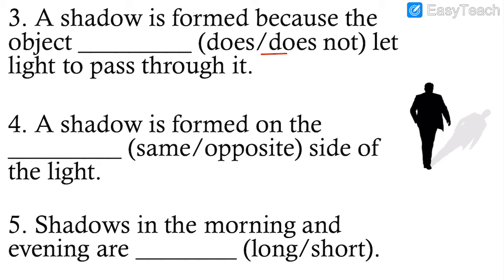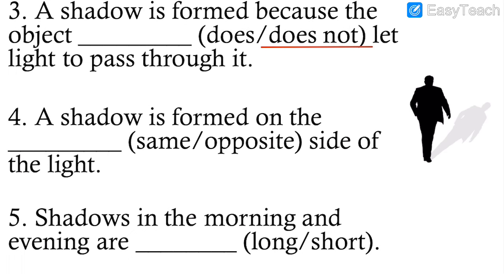The answer is does not, because a shadow is formed when the object blocks the light. Blocks means it stops, it does not let the light pass through. Because the sunlight is blocked, the shadow is formed. See here, the shadow is formed of the man who is walking on the road. Let's also write the answer which we just underlined: does not. A shadow is formed when the object does not allow light to pass through it.